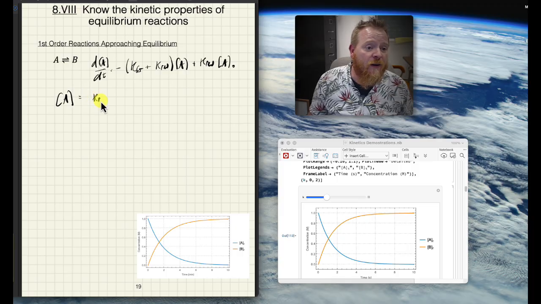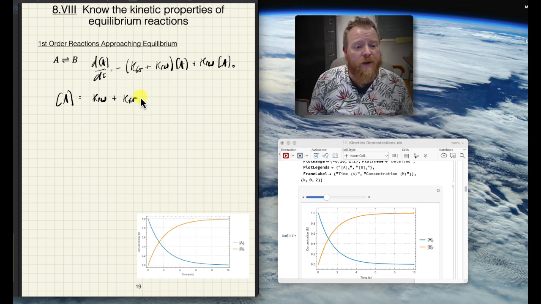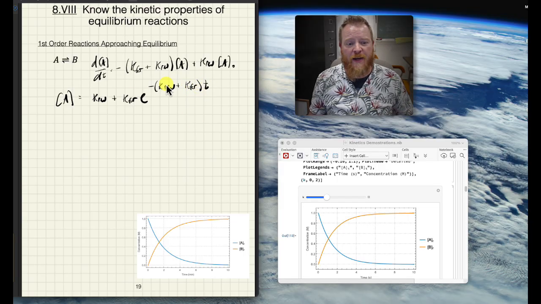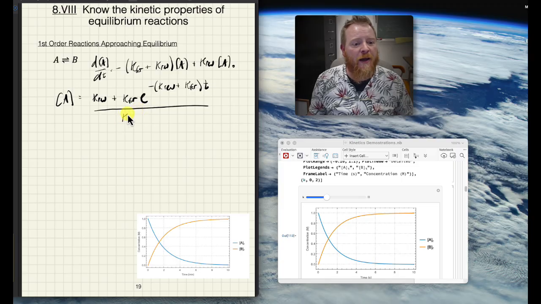So k reverse plus k forward times e raised to the power negative k reverse plus k forward, all times t. So all of that is in the exponential, right? And then that's all divided by k reverse plus k forward.